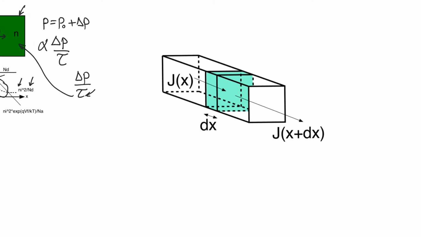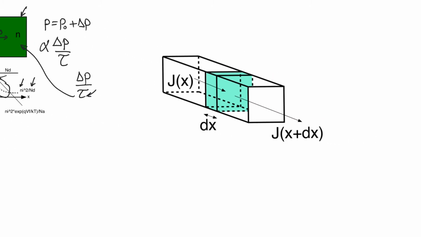Now, let's look at a conductor. This conductor could be the n-side neutral zone or the p-side neutral zone, or it could even be the depletion region. This is just a general conductor. And we are going to try to derive something called the current continuity equation for this conductor.